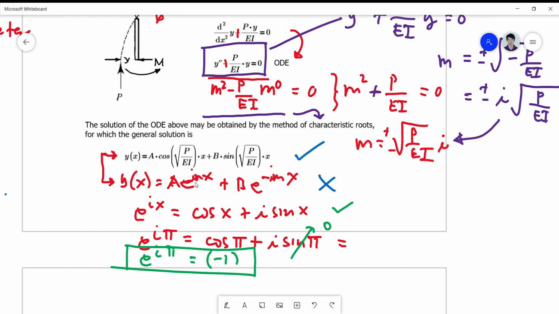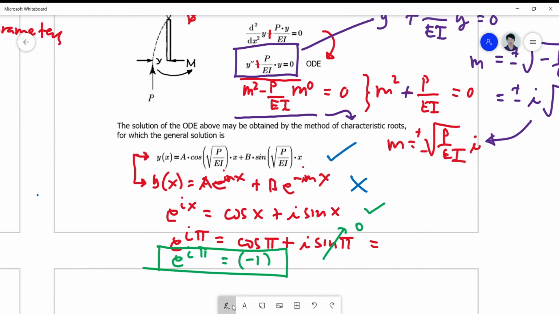And since we note that e to the ix is equal to cosine x plus i sine x, this is an exponential identity.